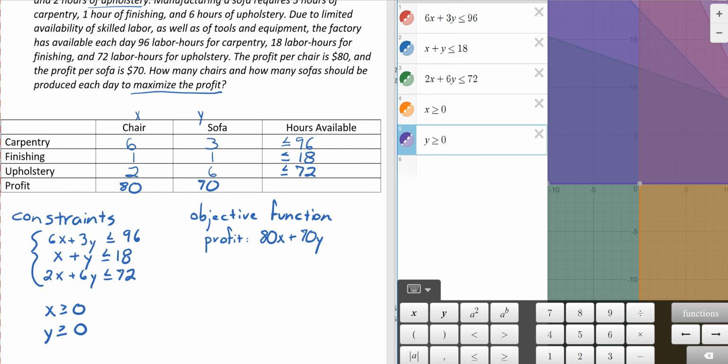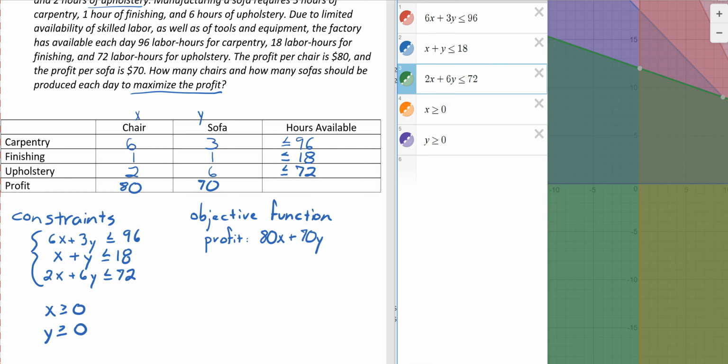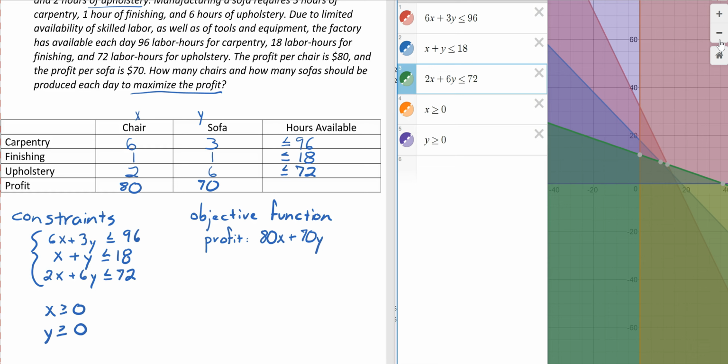Now our graph is pretty difficult to see because all these colors are laying on top of each other. What I like to do at this point is reverse how the shading is going. Right now, all the shading in Desmos is showing where all the true solutions are, and it's hard to figure out where all 5 colors overlap.